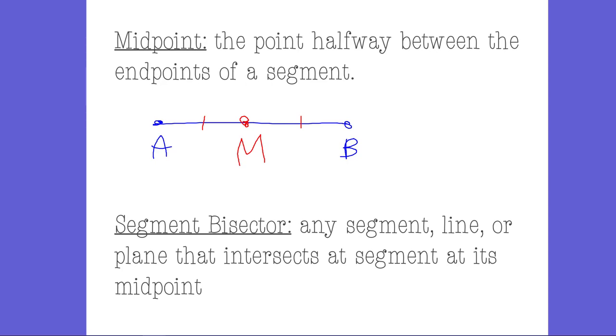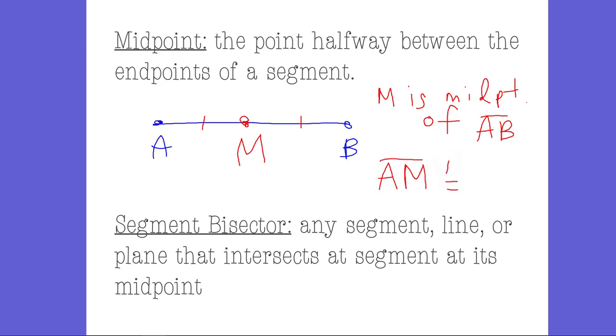So if M is the midpoint of segment AB, then we can say segment AM is going to be congruent to segment MB. Couple things.